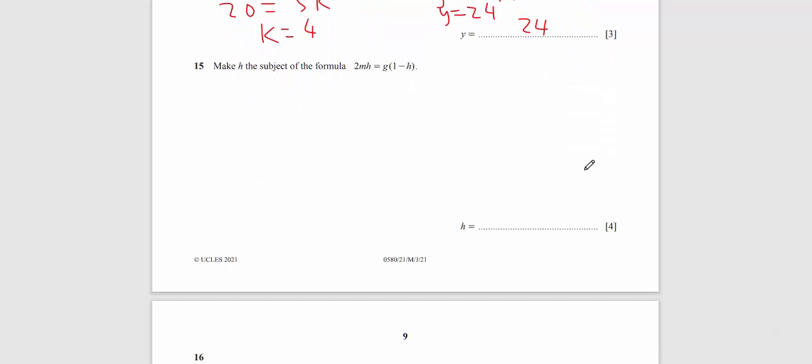Okay, let's look at number 15. Make h the subject of the formula. To make h the subject, we have to expand the bracket first. Because we want to make h the subject, we have to get h on one side, and the terms with no h move to the other side.